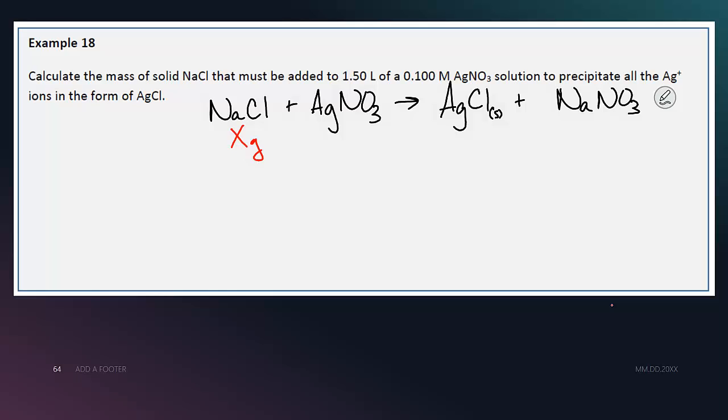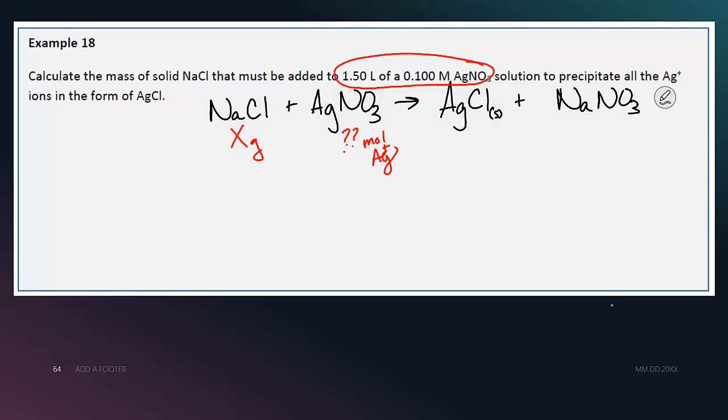We want to know what mass of sodium chloride is needed to get all of the silver out of our silver nitrate. In order to figure out how much sodium chloride we need, we need to figure out how many moles of silver ions are present.